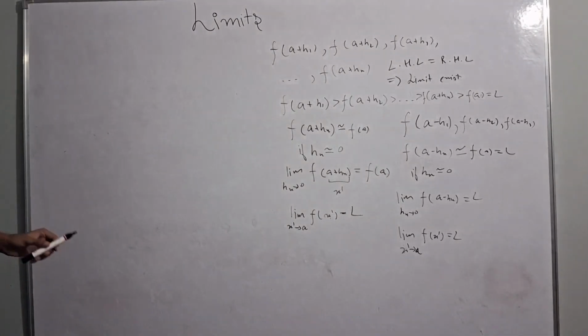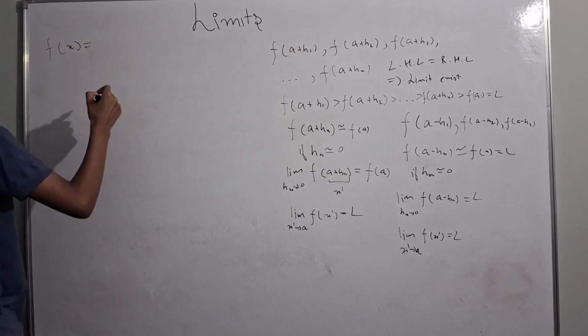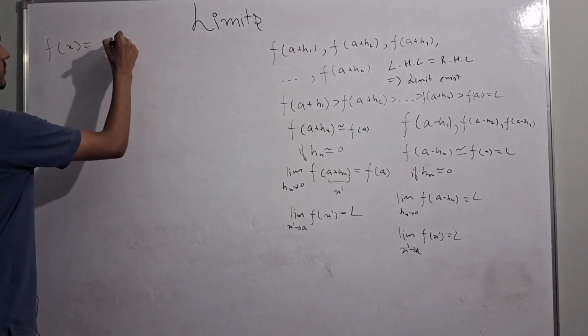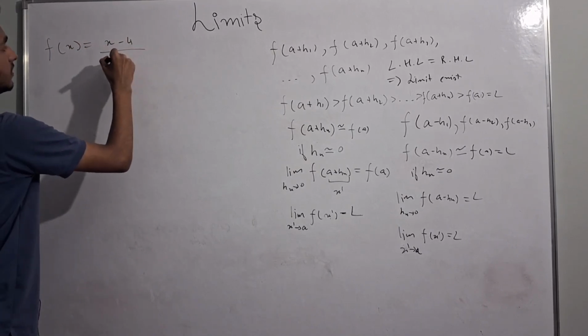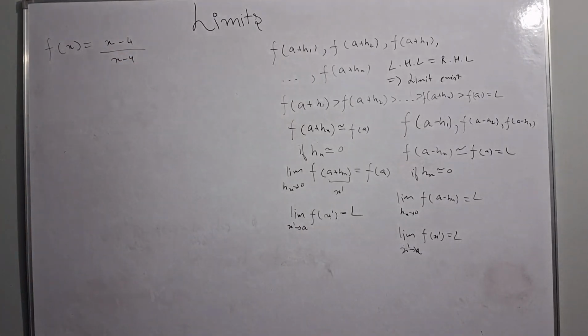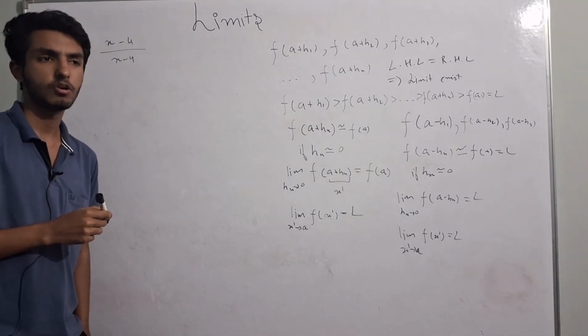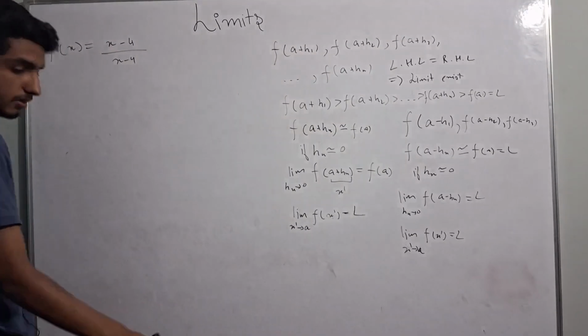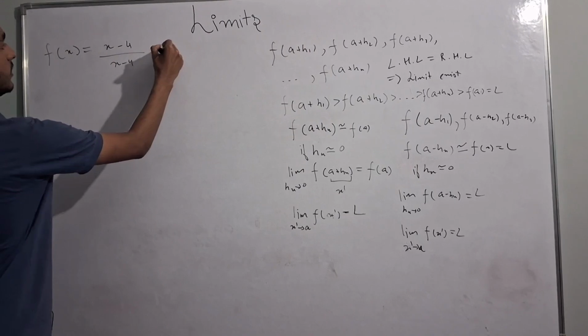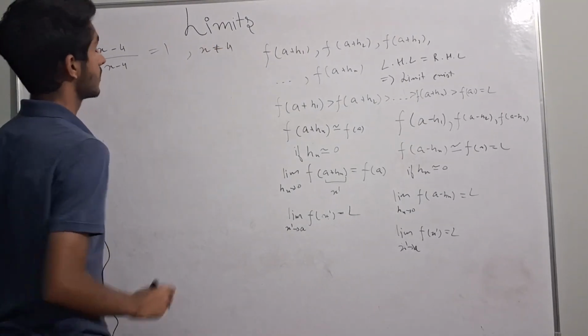So let's say I have function of x is equal to, let's say, x minus 4 upon x minus 4. So you can also say that this is equivalent to 1, but not exactly, unless we say equal to 1 provided x is not equal to 4. Why?